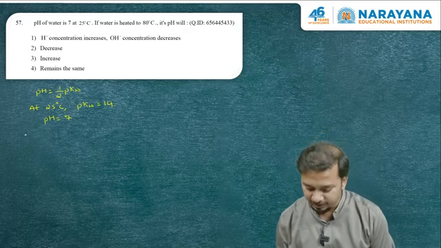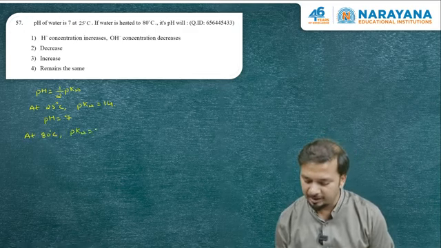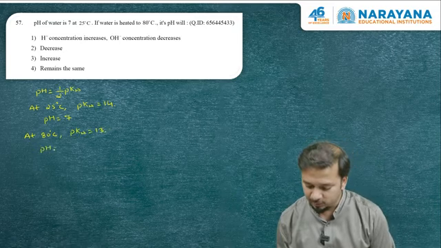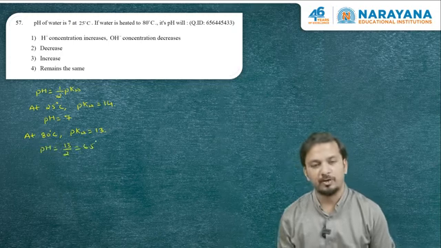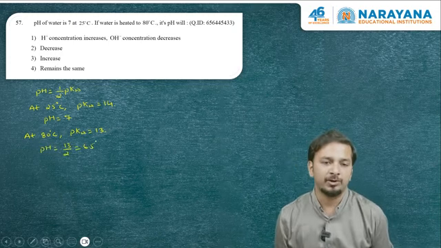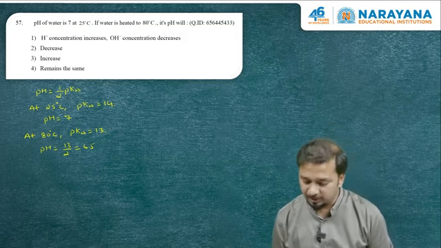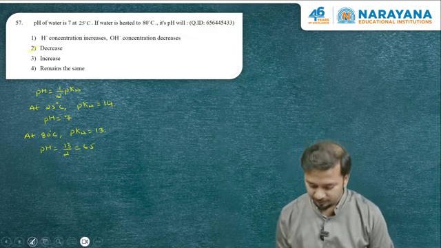When it is heated to 80 degree centigrade, pKw will be reduced and is approximately equal to 13. So at this temperature pH will be 13 by 2, which is 6.5. We should know that if temperature is increased, then pKw will decrease. So the pH of the solution will be 6.5. So pH will decrease, and the correct answer is option 2.